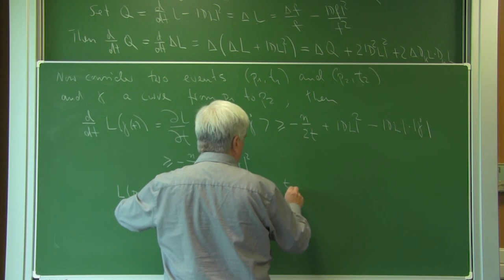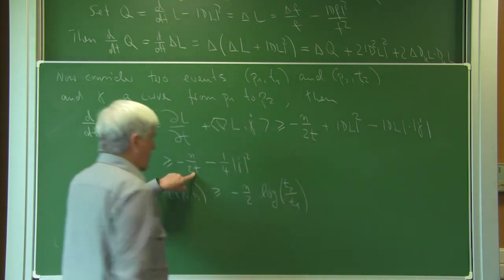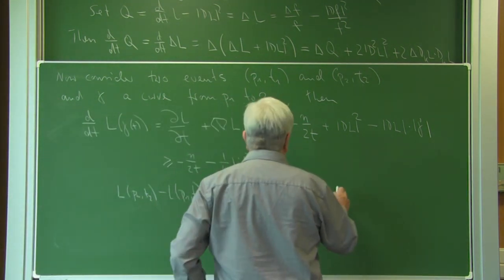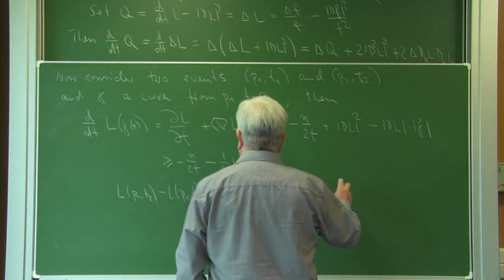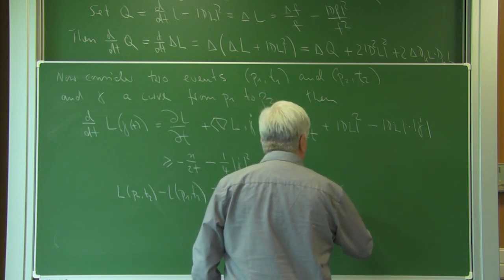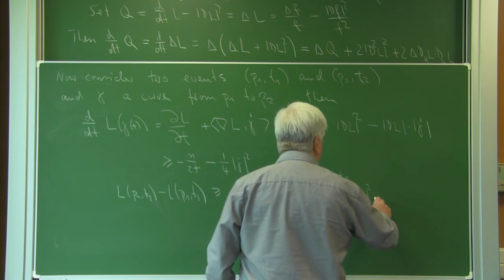I can write this as the logarithm of T2 divided by T1, and here I get minus the integral from T1 to T2 of |gamma dot|².